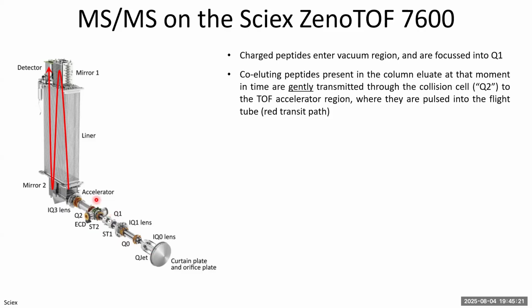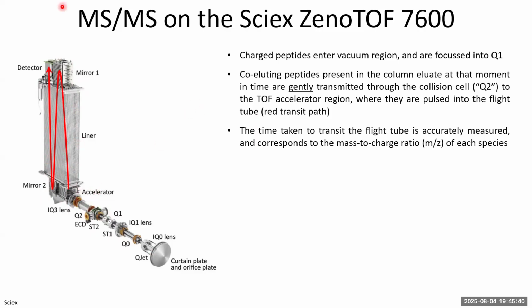So we gently pass the peptides through the collision cell without getting fragmented and allow them to be accelerated into this mirror gated ion path. And so we can actually measure the intact peptides' molecular weights with a high degree of accuracy. The machine will record the time taken to transit this time of flight chamber, and that will correspond to their mass to charge ratio.